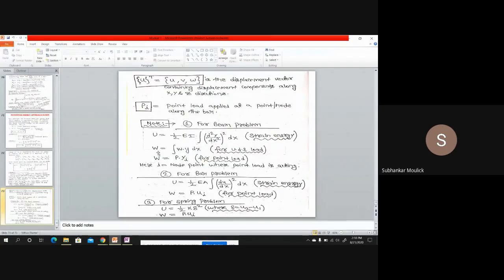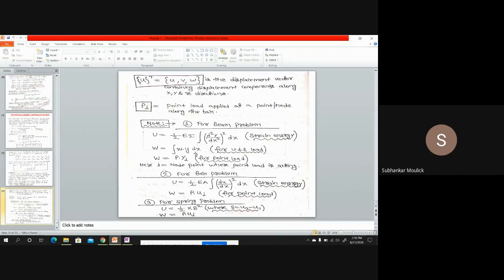U is the strain energy stored in the beam. Already you have read in strength of materials the formula of strain energy when a beam is bending. But here I have to write that formula in terms of an integral.